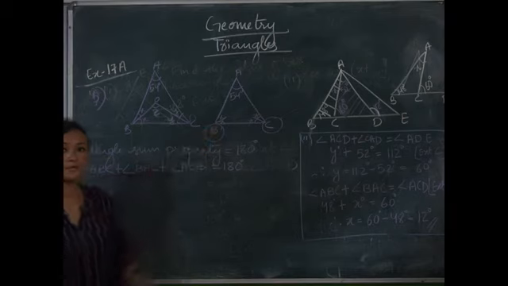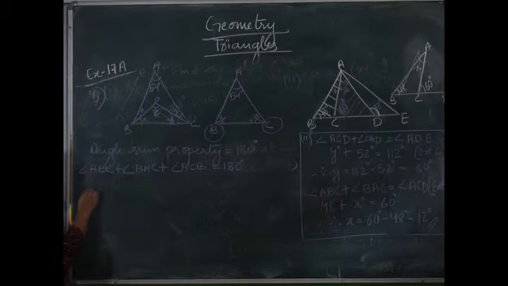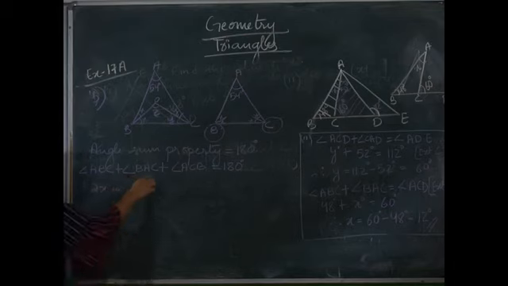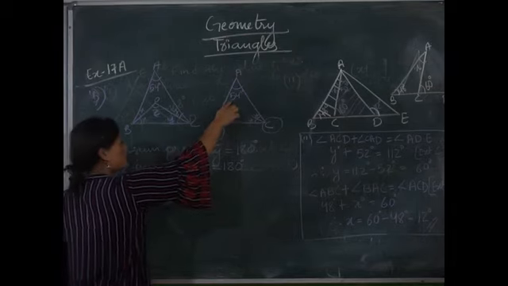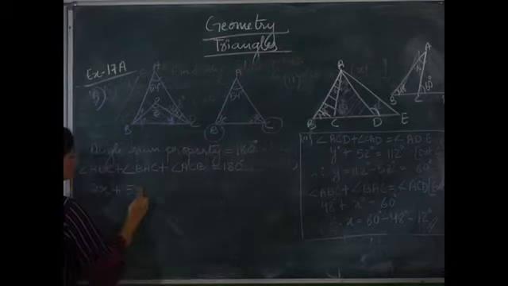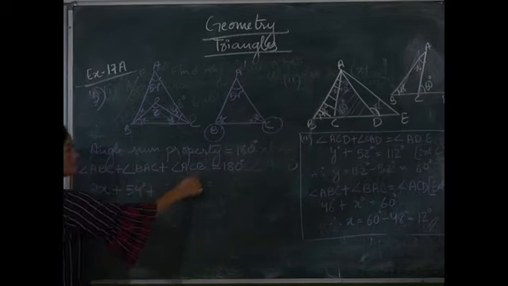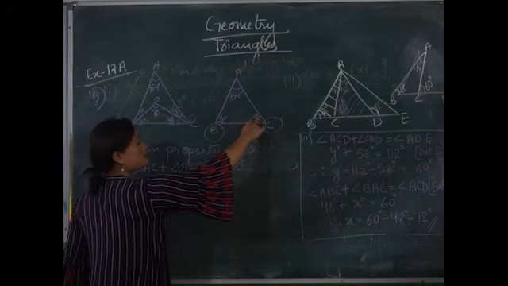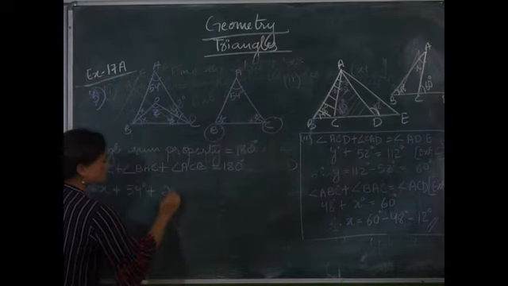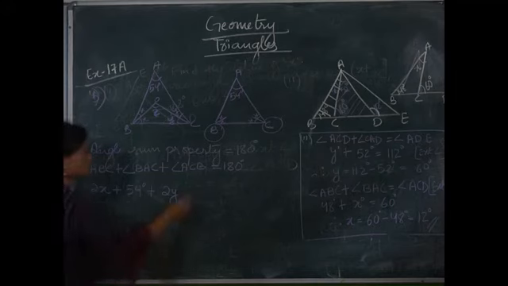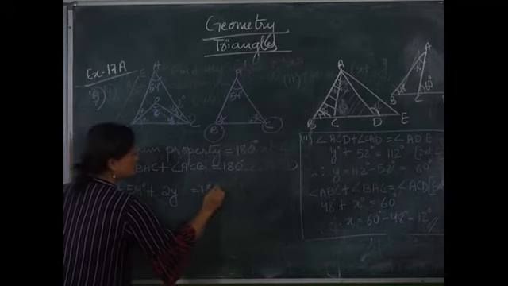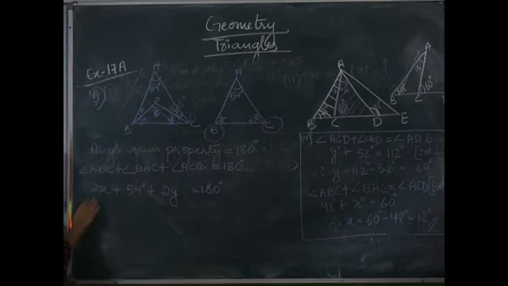So x plus x, we can just write over here, gives us 2x. Angle BAC, this is your BAC, which is given already as 54 degree. Angle ACB, which is y plus y, is your 2y, together makes 180 degree.